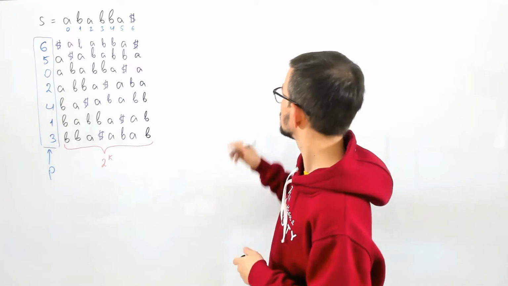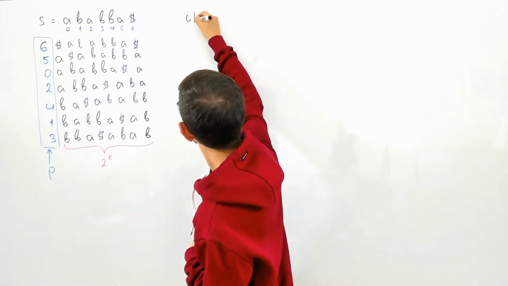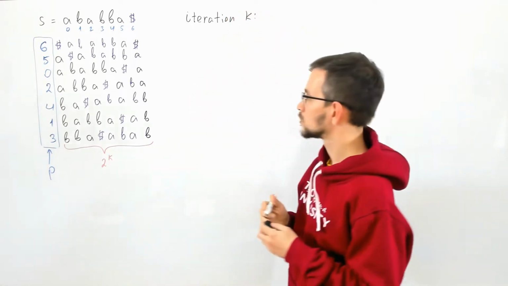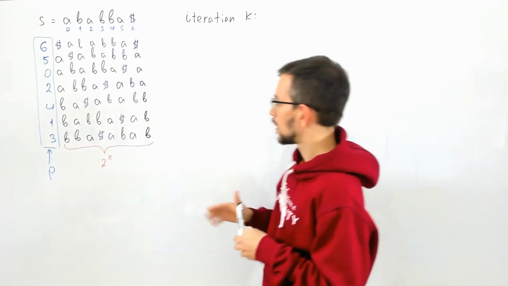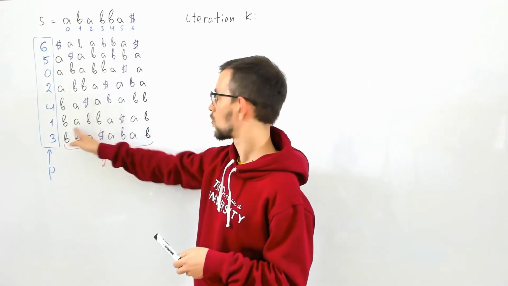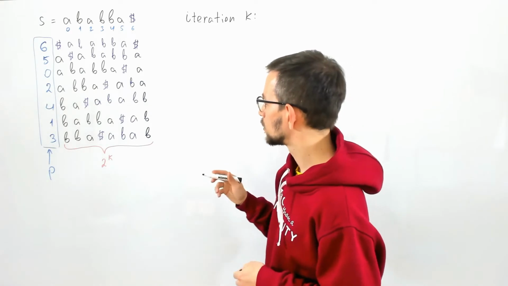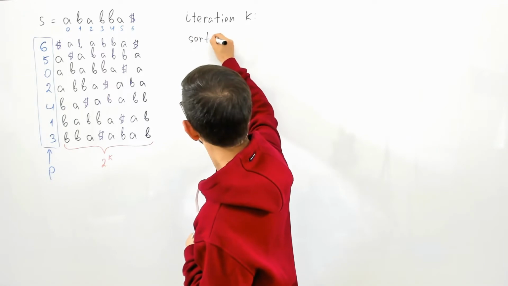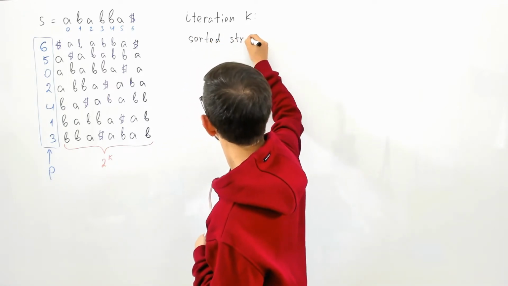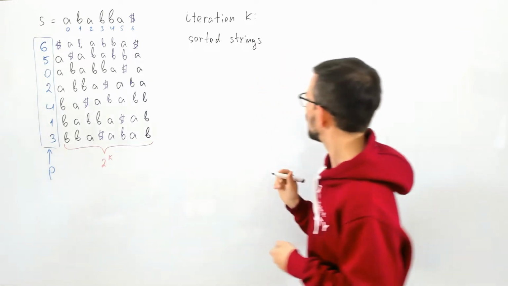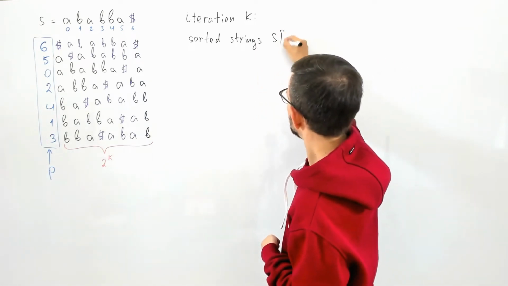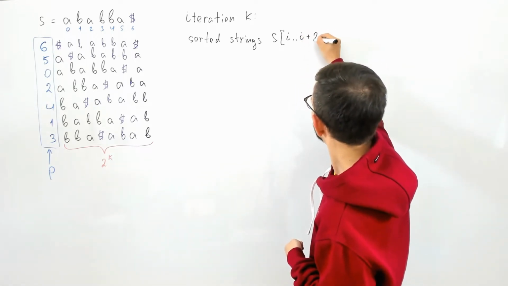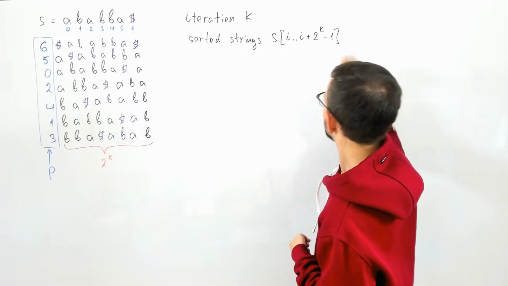So we have several iterations, iterations k. After iteration k, we will build the first 2 to the power of k columns of this table. So what are these columns? These columns are basically the sorted strings of the following form: strings from character I to I plus 2 to the power of k minus 1.